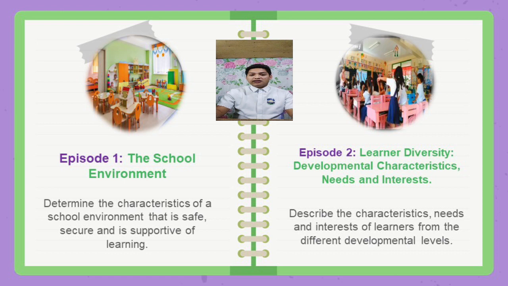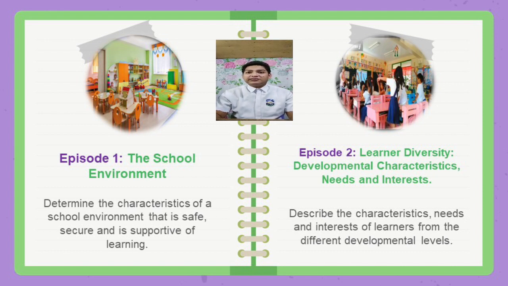So, as a future educator or as a future teacher, it is important to determine your learners' characteristics and needs so that you will be able to plan and implement learning activities and assessments that are developmentally appropriate.